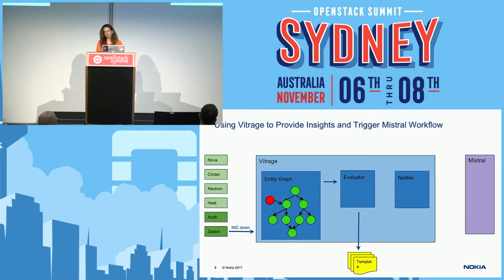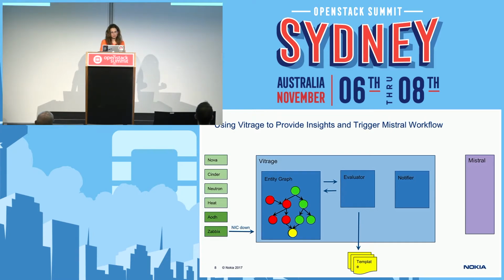For every such small subgraph that we found, we execute the actions according to the templates. In this case, the evaluator asked the graph to set the host as down. Similarly, it asked the graph to set the instances' state and update the heat stack state.